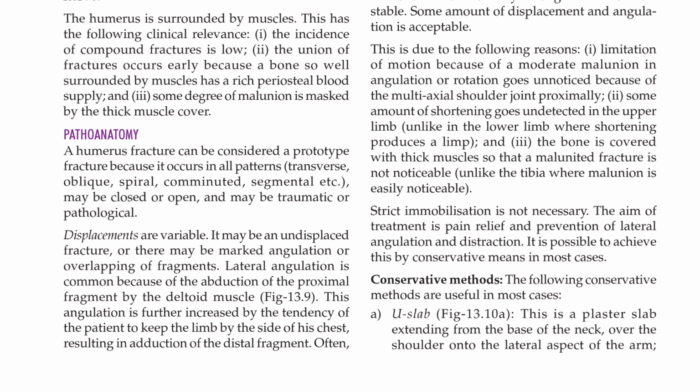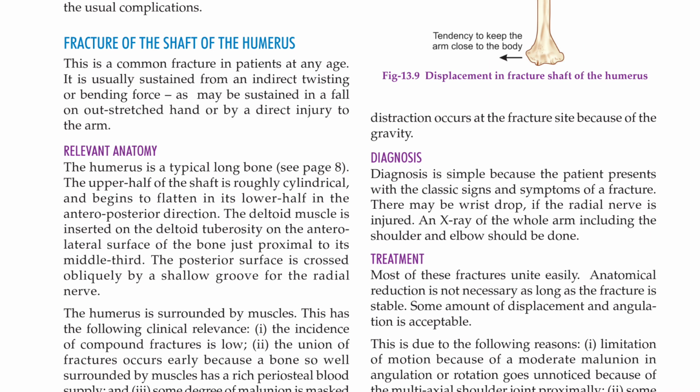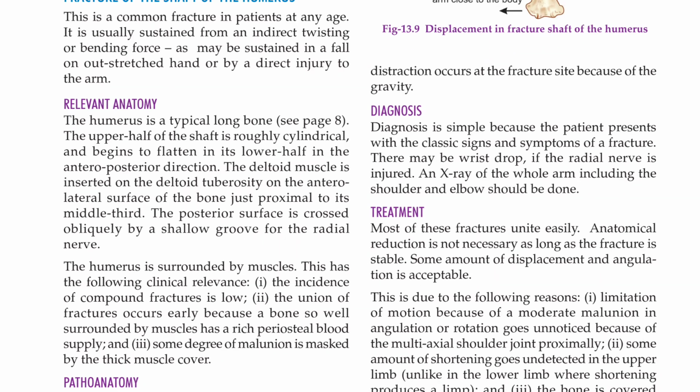Lateral angulation is common because of the abduction of the proximal fragment by deltoid muscle. So this angulation is further increased by the tendency of patient to keep the limb at the side of his chest, resulting in adduction of the distal fragment. Often distraction occur at the fracture site because of the gravity.